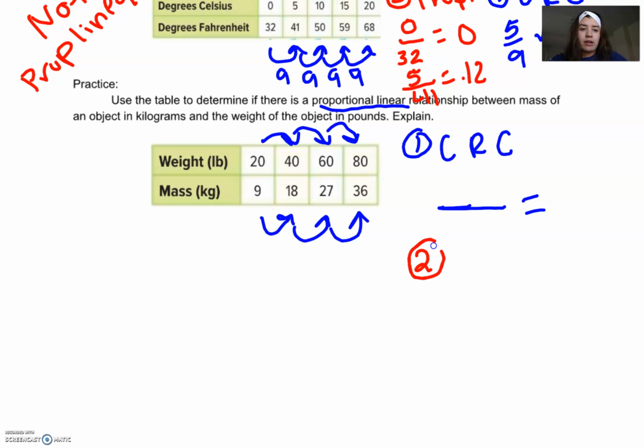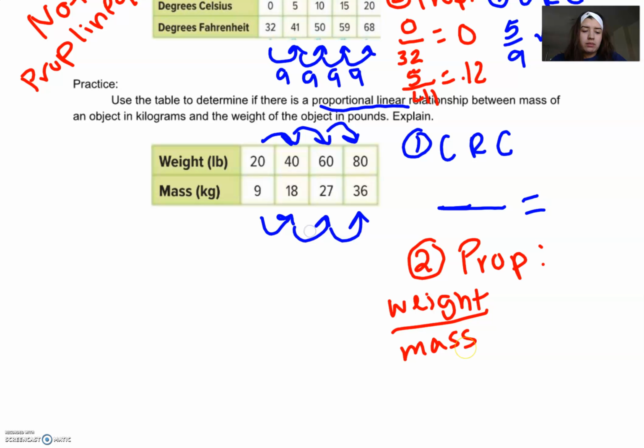Your second step should be to test if it is proportional. Okay? You have to test every weight divided by mass. So that means you're going to take 20 divided by 9 and compare that to 40 divided by 18.